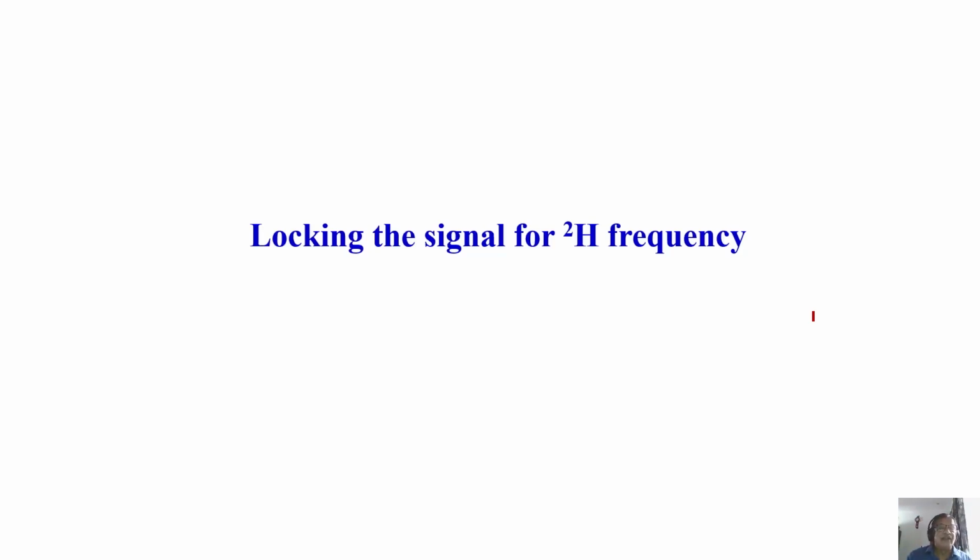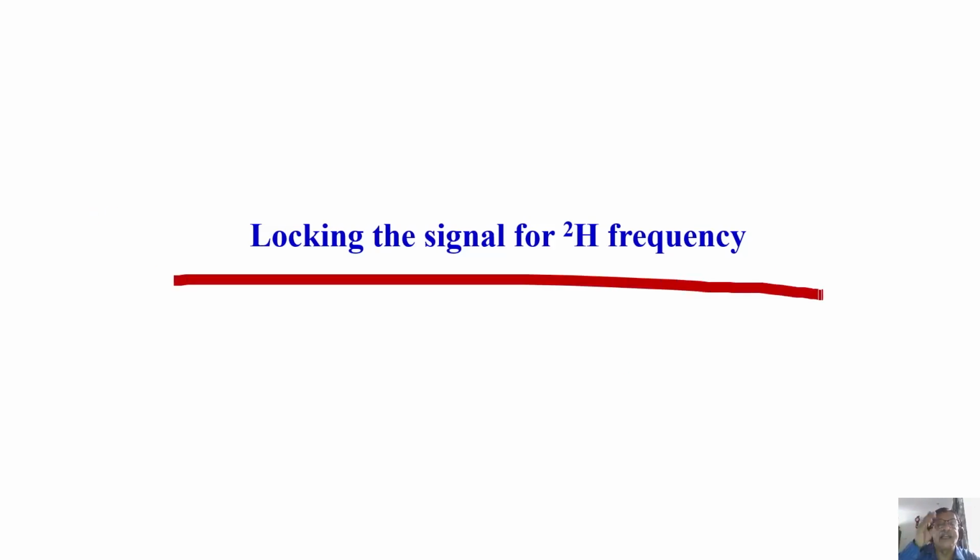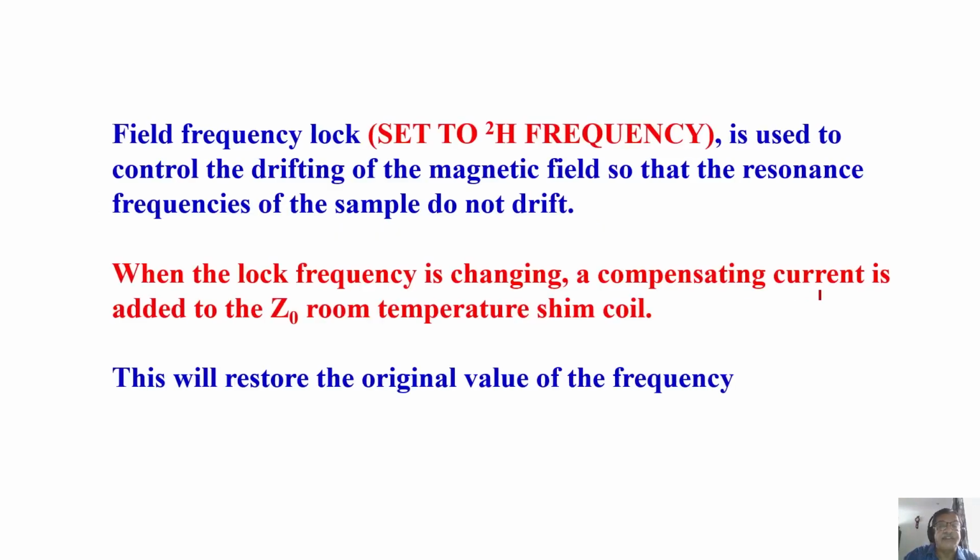Afterwards, let us say you prepare the sample in a deuterated solvent and put it in a magnetic field. What is the next job? You have to lock the signal. I told you locking of the signal is to prevent the drifting of the field. Set it to the 2H frequency of your spectrometer.